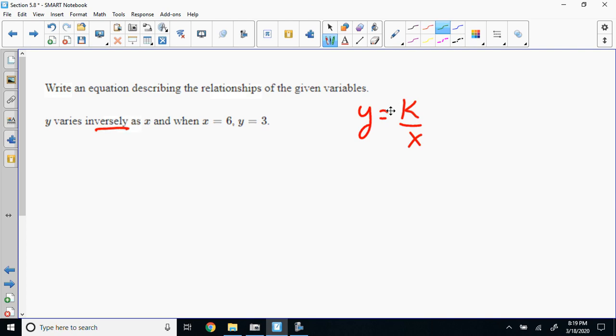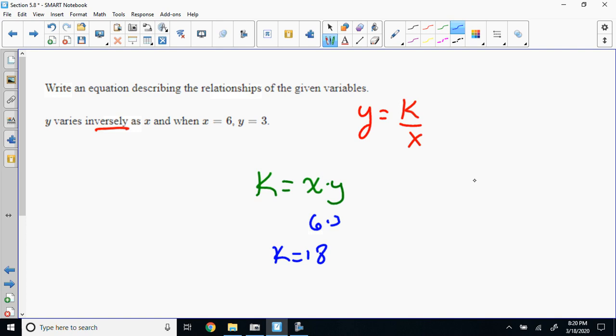If we solve for k, it's just like multiplying both sides by x. Our k would be x times y, because if I multiply both sides by x, it makes xy over here. So if I do that, x is 6 and y is 3, so k is equal to 18.